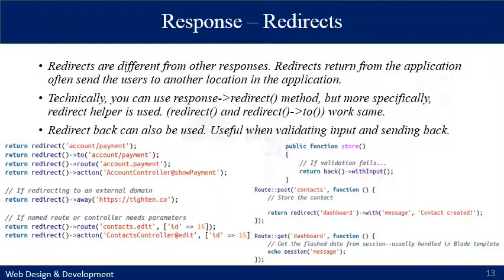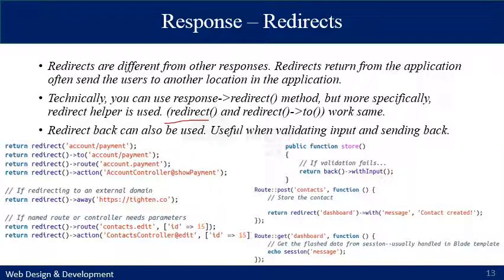So you can also redirect users to some other pages as a response to some request. Redirects are different from other responses. Redirects return from the application, often sending the user to another location in the application. Technically, you can use the response.redirect method, but more specifically, the redirect helper is used.